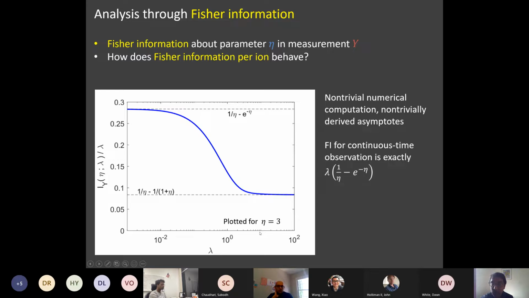Let's say that the sample can withstand a dose of lambda equals 10. I'm pointing to around lambda equals 10 here. What this graph is telling me is that if I instead use 100 sub-acquisitions, instead of operating here, I'd have this substantial improvement in the informativeness of my measurements.